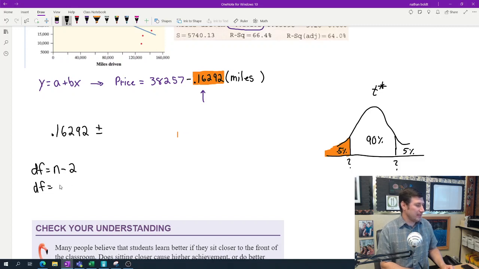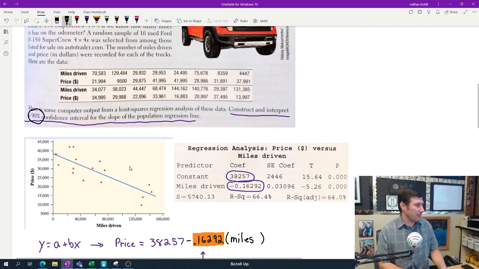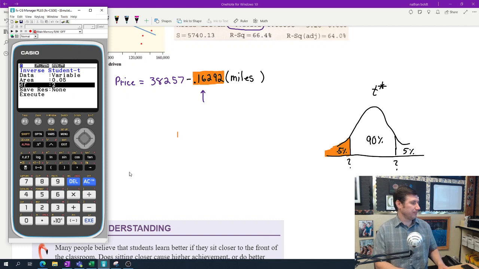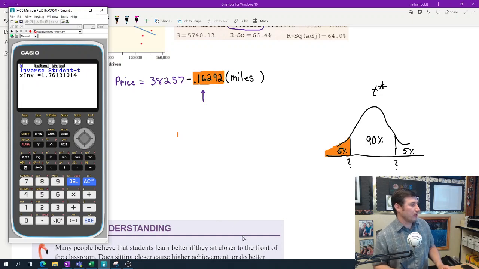So in this case, our degrees of freedom will be, let's see, they had 18, right? Was our sample size? Oh, 16. We had 16. So our degrees of freedom are 16 minus 2. So our degrees of freedom will be 14. So our t star will be 1.76.